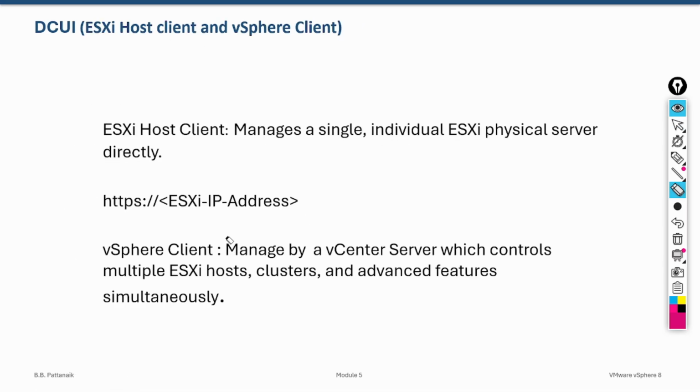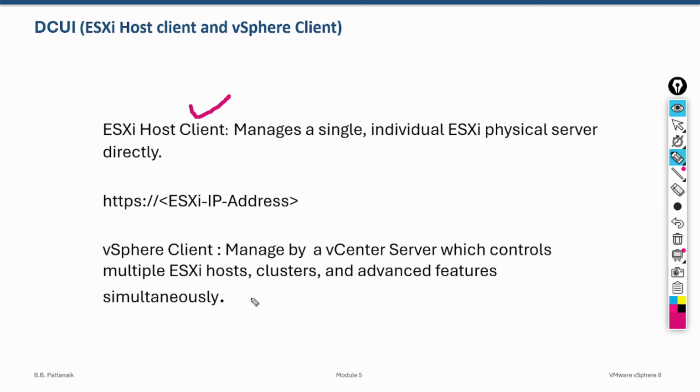Let's understand an important difference between the ESXi host client and the vSphere client. These two interfaces can sometimes be confusing for beginners because both can be used to manage VMware infrastructure. The host client can be used to connect directly to an individual ESXi host.